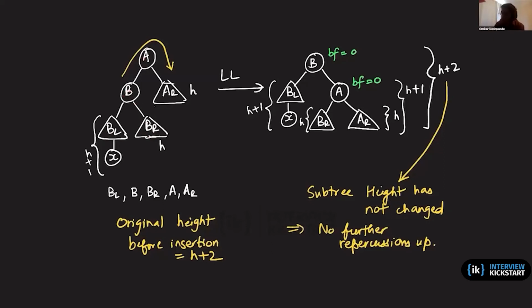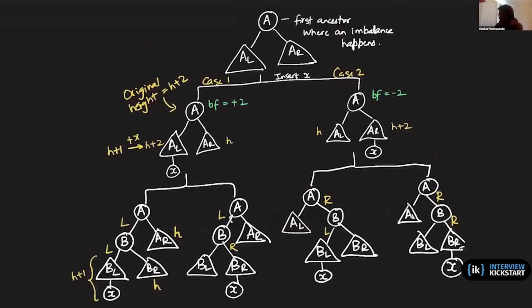This is plus 1 and plus 1 more. Okay, so single rotations, hopefully you can see that not just for the grandparent, but for any ancestor where there is a balance factor violation and we are in the LL or RR case, a single rotation would rebalance the tree.